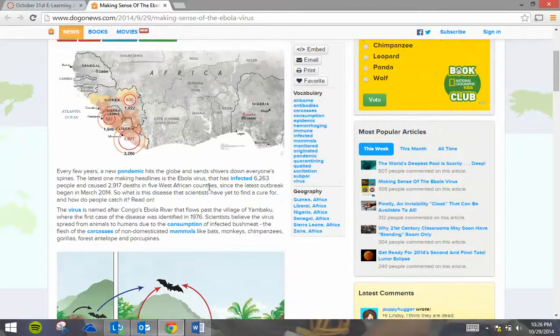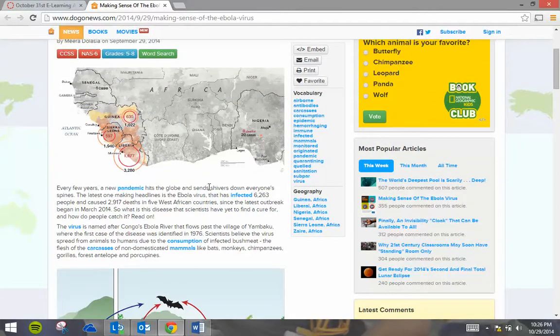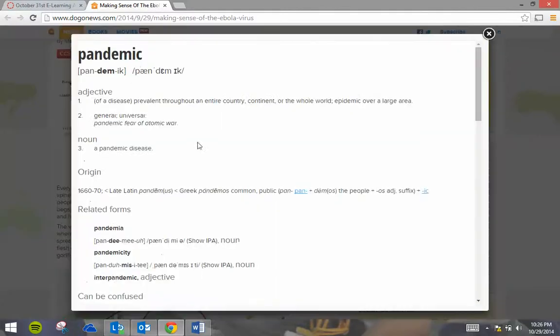As you're reading through them, you'll notice there are words that are highlighted in blue. These are words that the article highlighted as vocabulary words. If you're not sure what those words mean, you can go ahead and click on them, and the word will pop up.